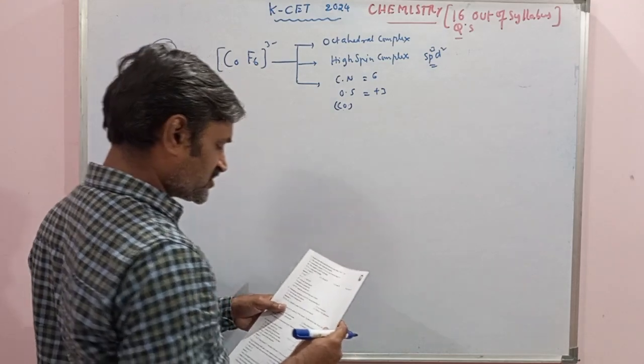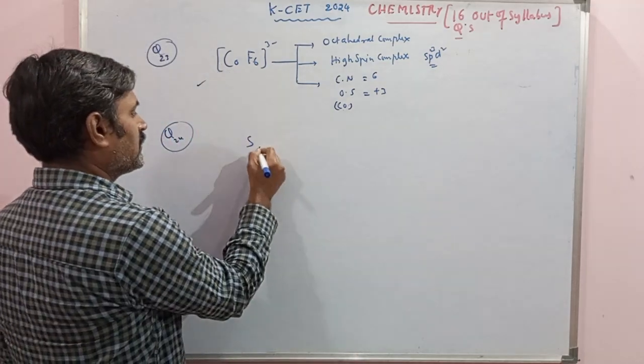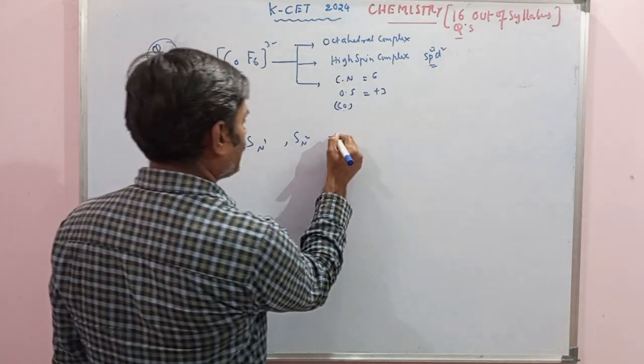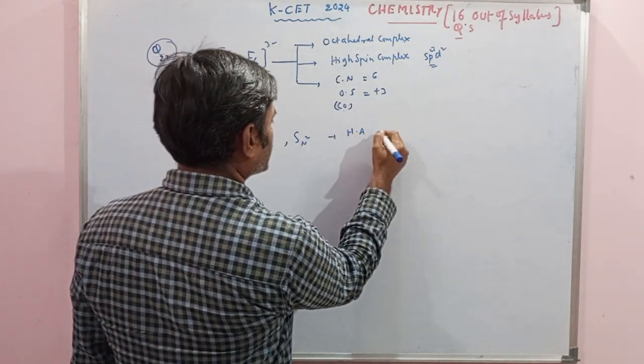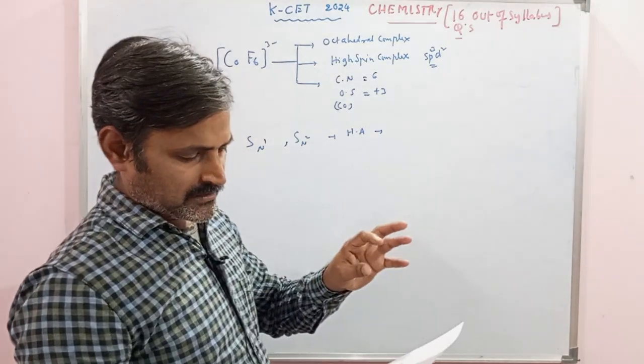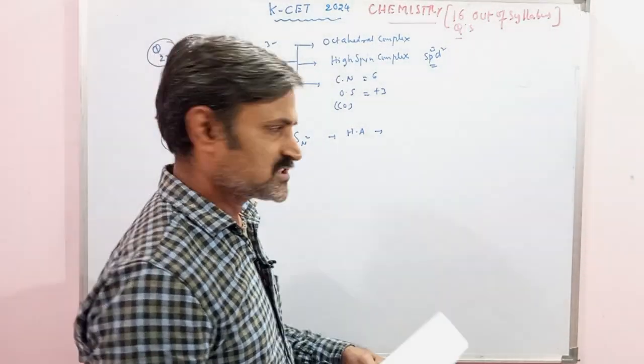SN1 and SN2 reactions depend on what? Usually SN1 and SN2 reactions are undergone by haloalkanes, and the nature of the solvent is most important.